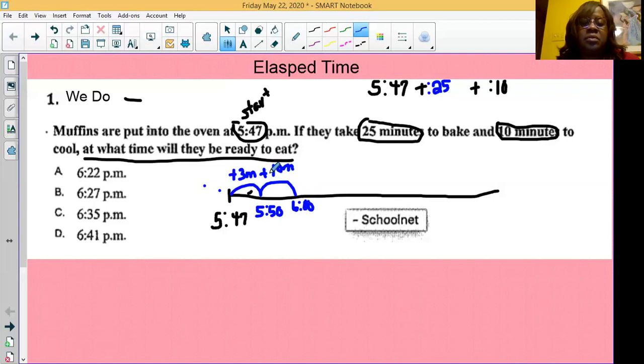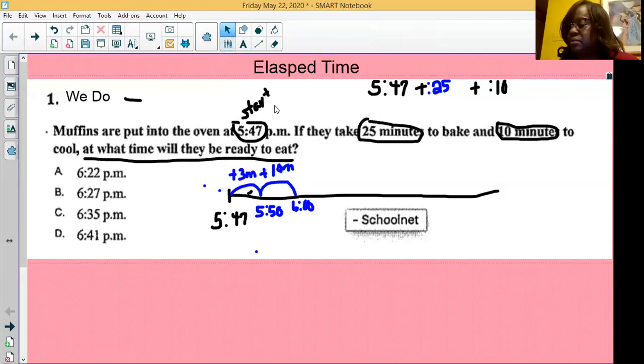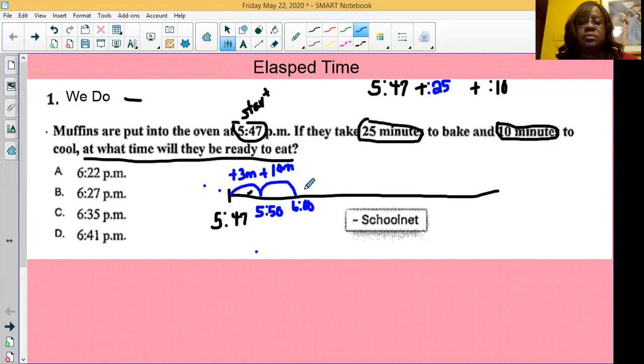All right, so we've used 10 minutes plus 3 minutes gives us 13. Remember, we've got to use 25. So 13 plus what gives us 25? You're exactly right. That's 12 more minutes. All right, so put plus 12 here.